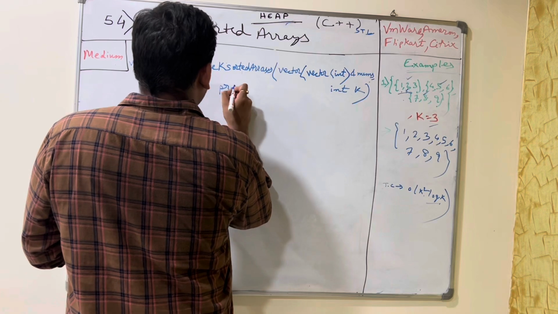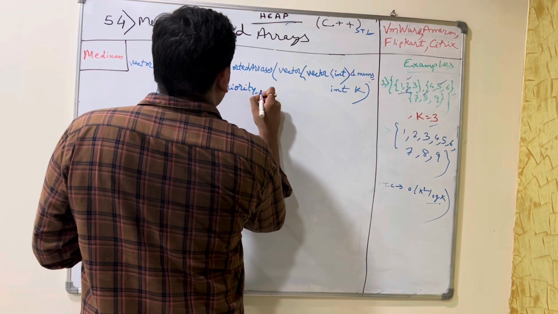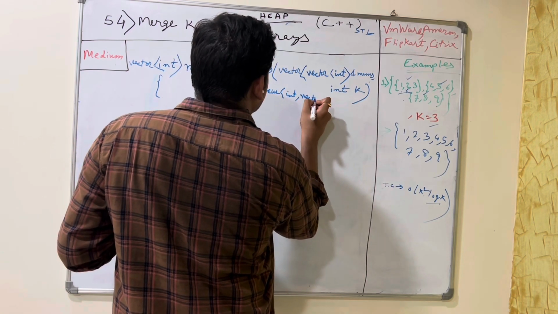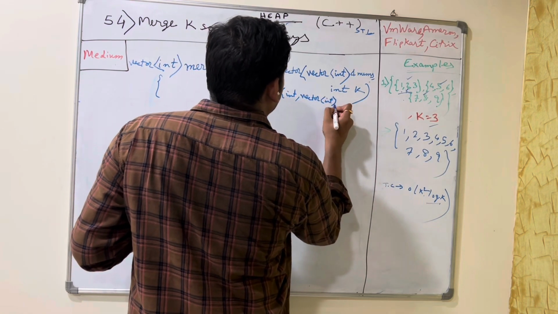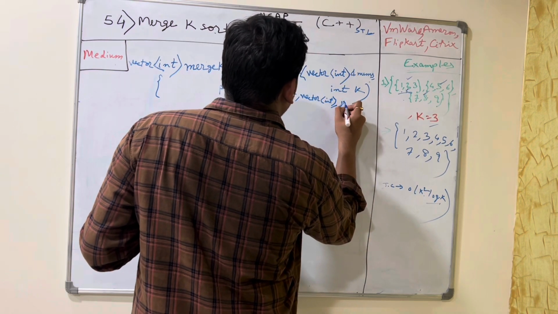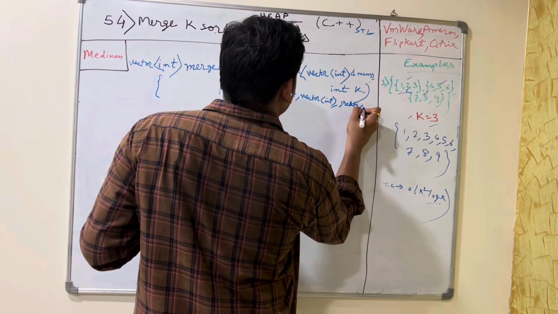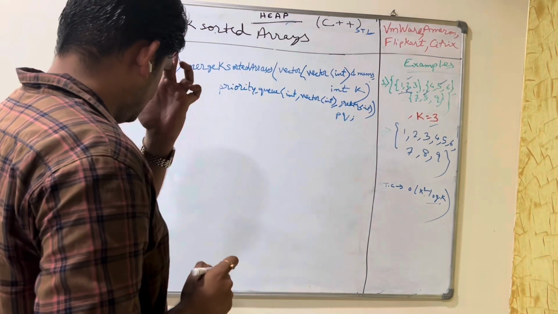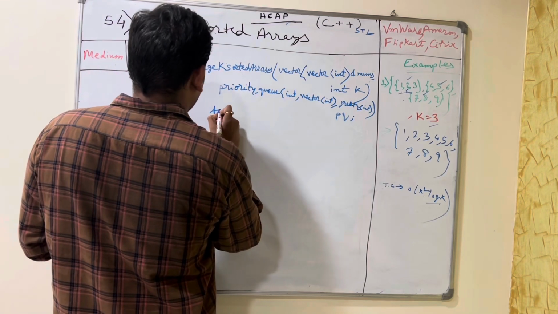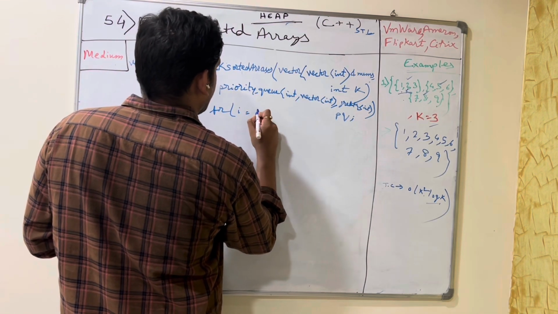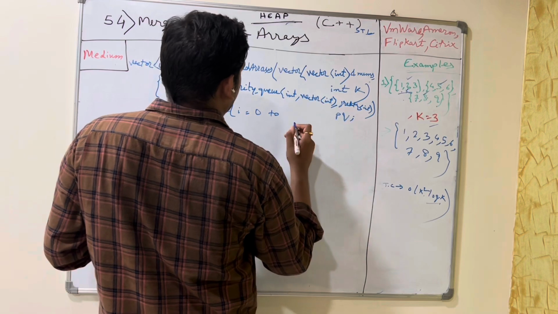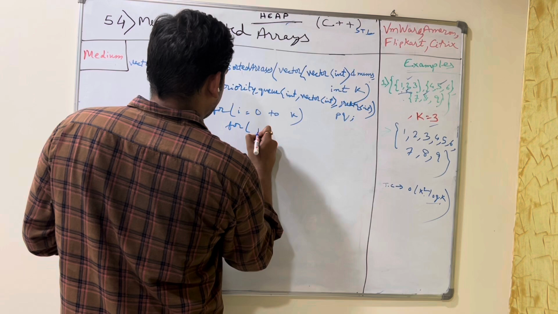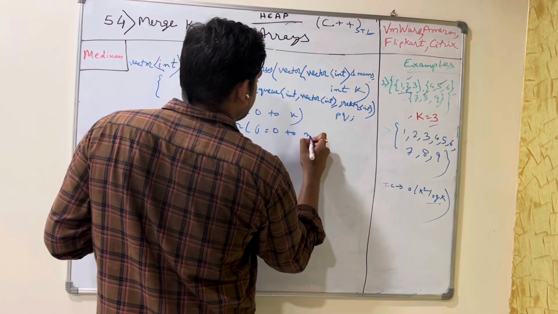It's very simple. So we take a priority queue, the min heap, right? Int. This is the syntax of min heap in C++ STL: priority_queue of int, vector of int, greater int. You can check the syntax, and then we traverse for i equal to 0 to k, and then for j equal to 0 to nums[i].size.